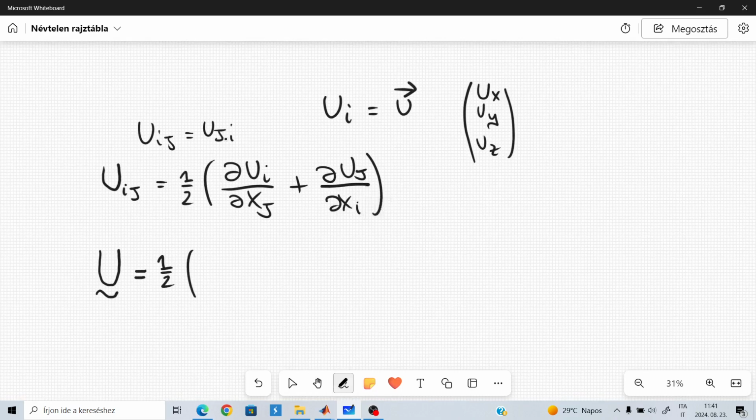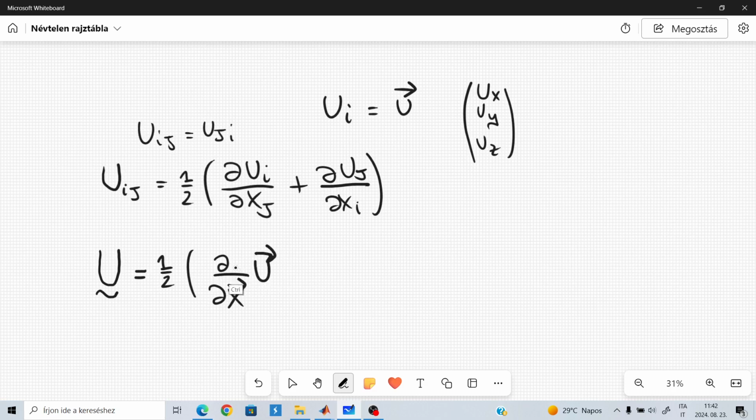If we want to get a matrix, because you can see that you have two indices, we have the gradient expressed as a column vector, but u must be transposed. So we get u transpose.